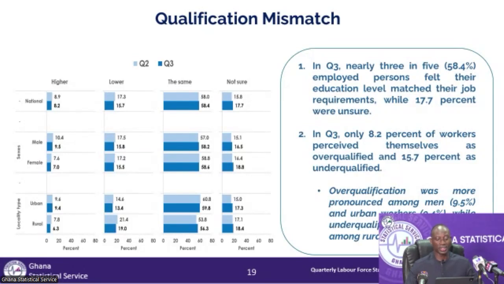And overqualification was more pronounced among men, 9.5%, and also among urban workers, 9.4%. Let me also say that the results we are seeing with regards to qualification mismatch highlight gaps in training, certification, and lifelong learning.